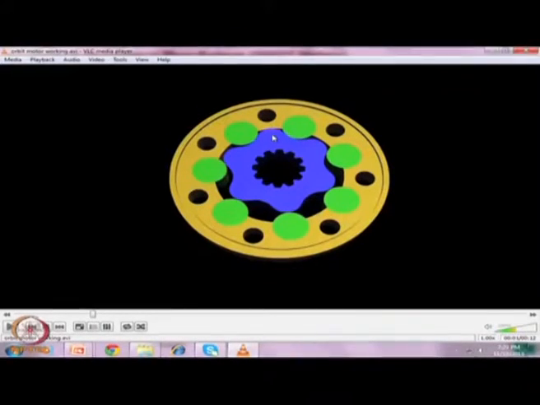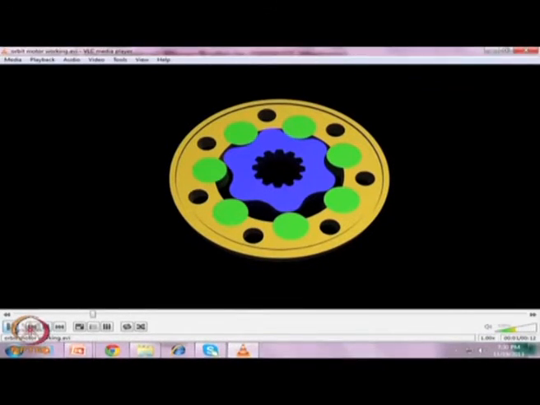But one important thing I would like to discuss here: if we consider this as the bottom dead center, then at this position you will not find any other chamber at top dead center. Which one will be the top dead center next? While it starts rotating, you will find that this one will reach top dead center after just a small rotation.